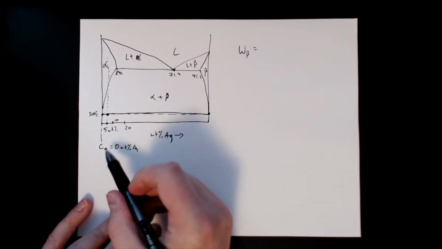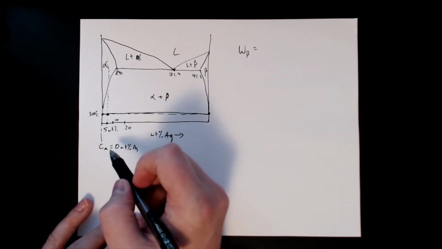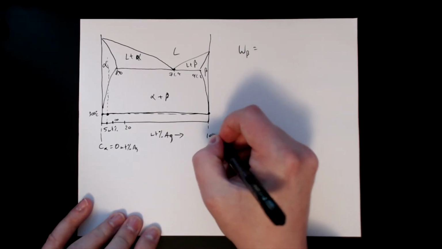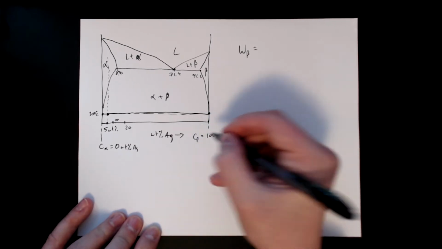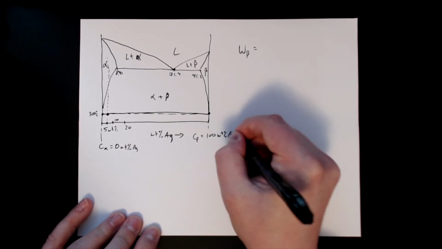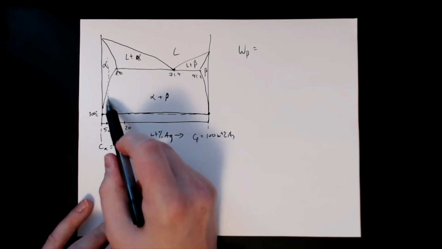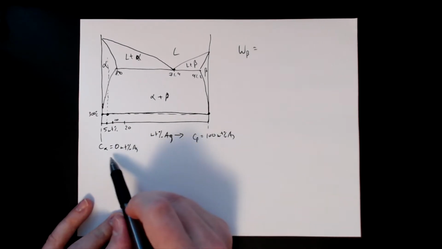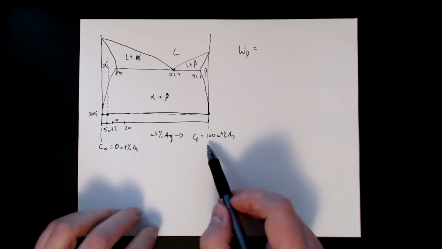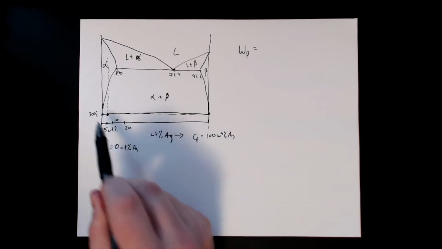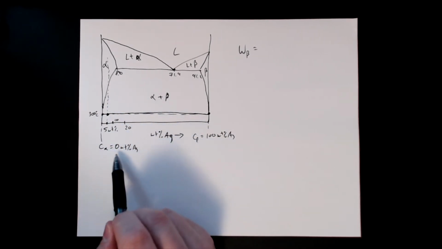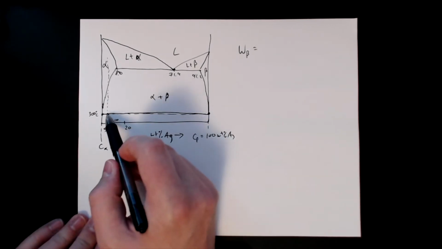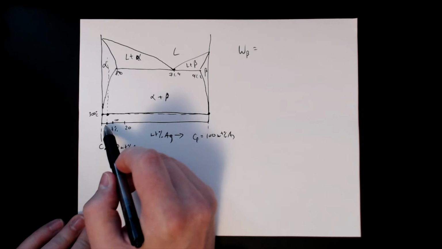So this means that alpha is just pure copper, and beta is also over here, this is C beta, and this is basically 100 weight percent silver. So because of these lines coming down, the compositions of alpha and beta are basically pure, so 0 and 100. It might actually be some small amounts of each, but from the diagram, the closest we can get is 0 and 100. So we need those lines, and we also need our fulcrum, right, at 5 weight percent.